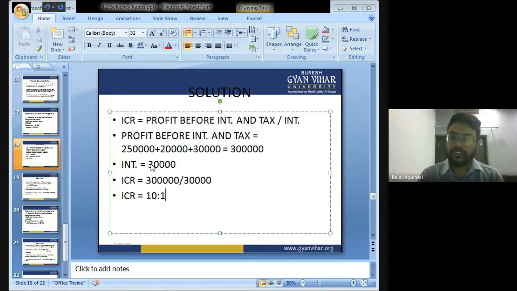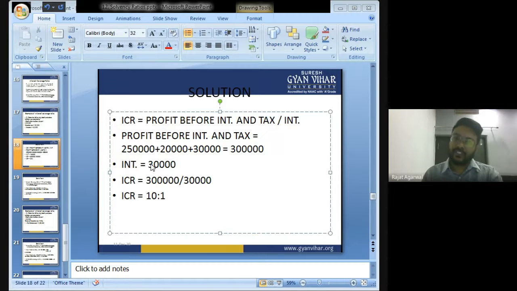So our profits are 10 times than the interest. The interest is only 30,000, but we have profit of 3 lakhs. It means our company is very much capable in paying interest charges.